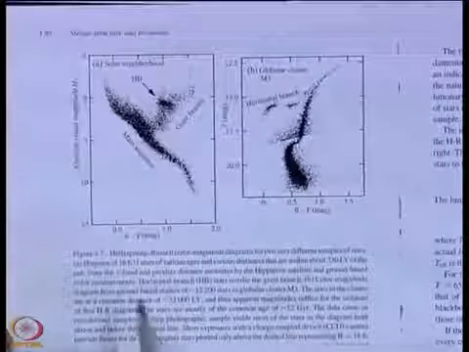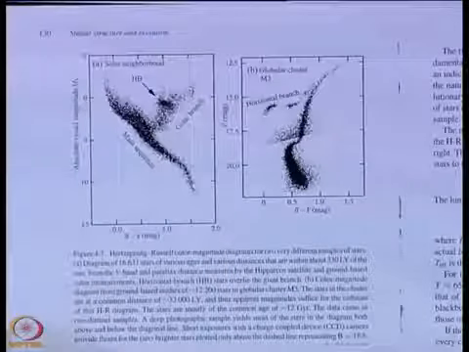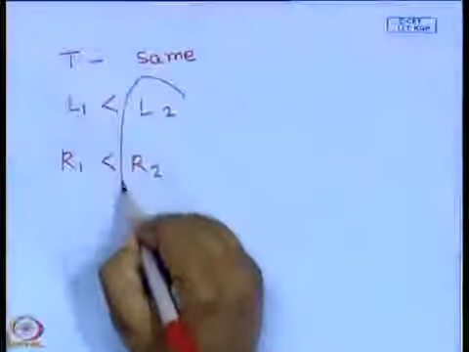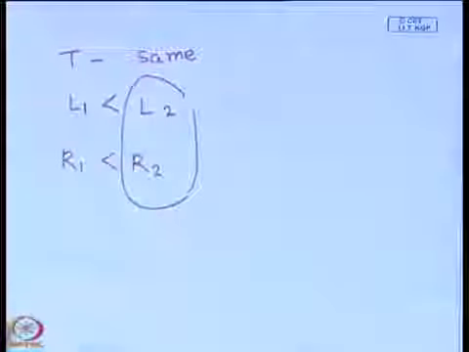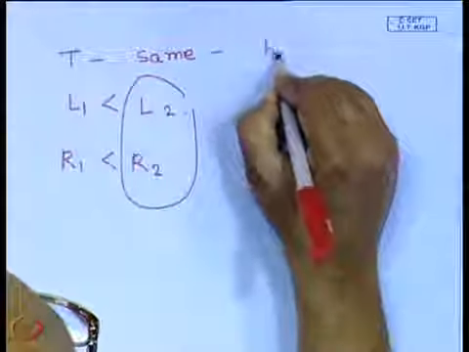So, if I have stars and I plot them on the main sequence, along the x axis I have the temperature, along the y axis I have the luminosity. Just try to visualize. This is a star on the main sequence, let us say, and I have another star which has the same temperature as the main sequence star, let us say a very hot star, and it is quite hot.